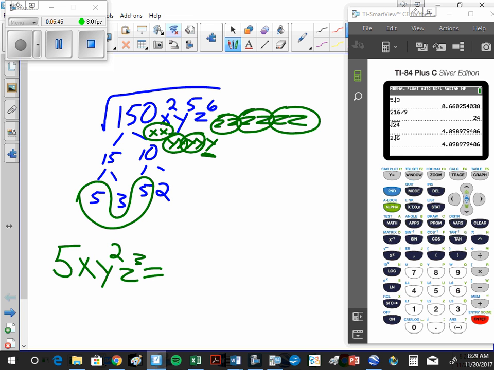What's left? I have this 3 and this 2 left over, which makes 6. And all of the x's are gone, and all of the y's but 1 are gone, and all of the z's are gone. Does that make sense? Okay.